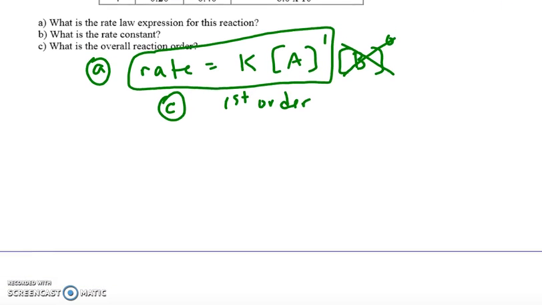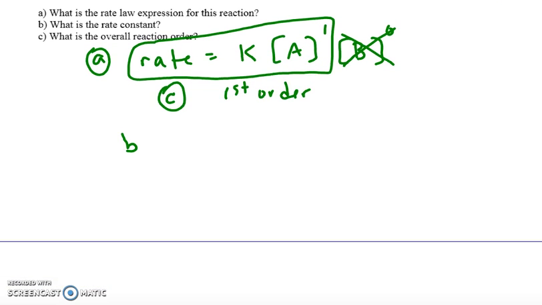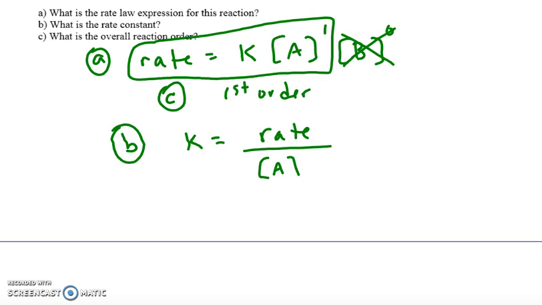All right, let's jump back to part B. What is the rate constant? This is where we rearrange the equation. K is equal to the rate over the concentration of A to the 1st power. So plugging in the information from trial 1, we get 3.0 times 10 to the negative 4, and that is in the unit of moles per liter per minute.